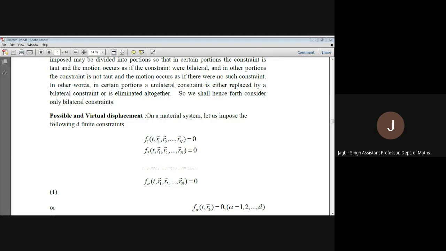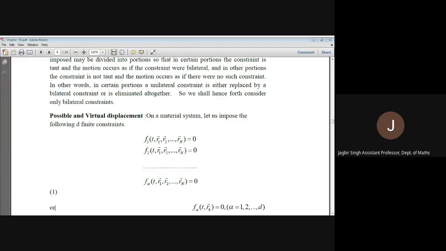So, for discussing the possible displacement or possible velocity, let's assume that on a material system, some finite and differential constraints are imposed. On a system of particles, some conditions are imposed.